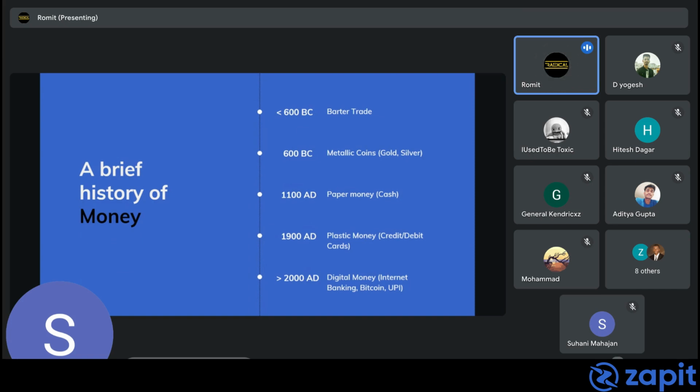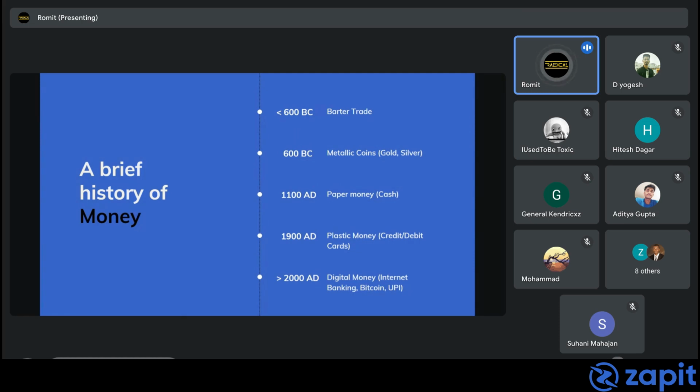And I think some of you have read the history, there has been quite an effort by banks and governments to de-link the paper from the metallic coins that it was supposed to be backed by. And eventually, as technology grew, in the past 100, 200 years, we have started to see plastic money, which is cards.